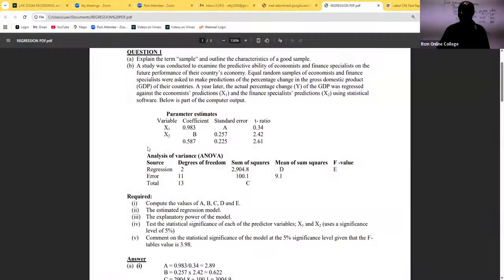So we come here, ladies and gentlemen, and now go to the second table. The second table is actually the gist of today's session. They have given me analysis of variance. We have source, regression, error, total. We have degrees of freedom, sum of squares, mean sum of squares, then the F value.